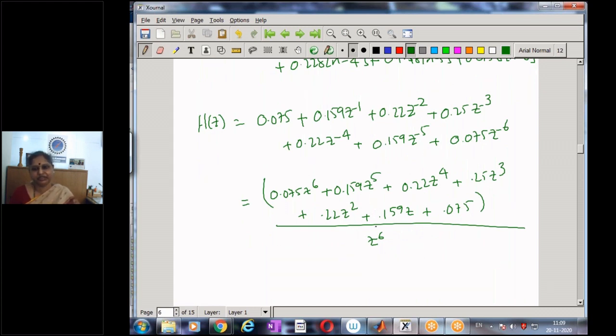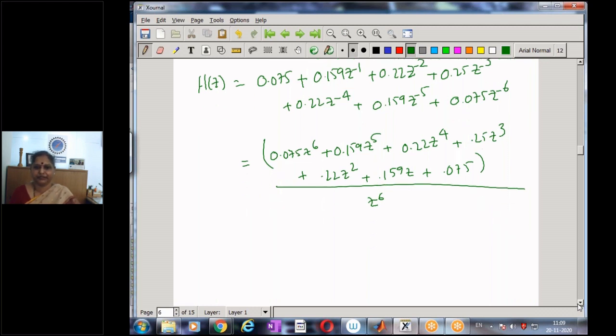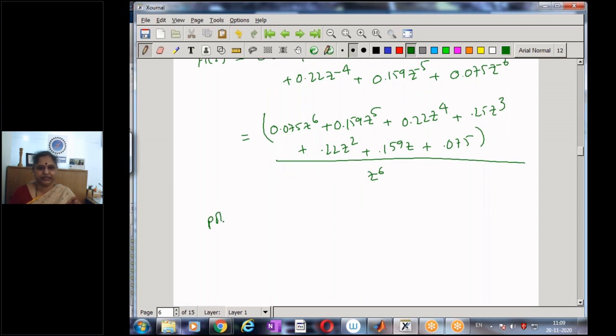The advantage of representing in this manner is I can now find the roots of the numerator and the denominator and get the pole zero plot. So I can get the other representation, which is the pole zero plot.